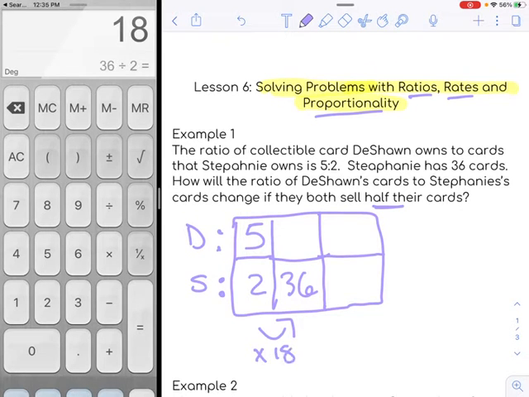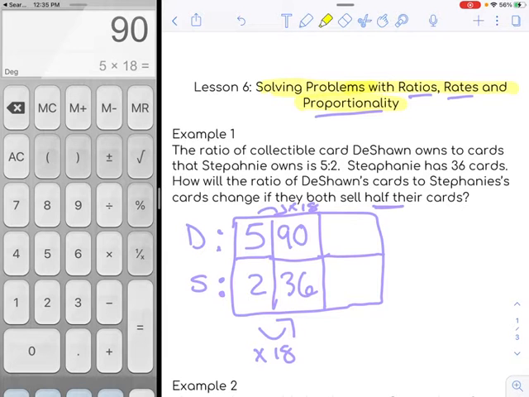So this is telling me I'm multiplying by 18 here. Remember, with ratios, whatever you do to the bottom, you have to do to the top. So I'm also going to multiply by 18 up here to Deshawn. That means I need to do 5 times 18. So when Stephanie has 36 cards, Deshawn has 90.